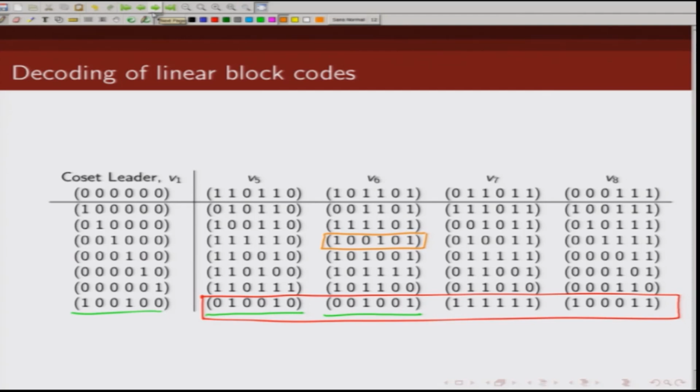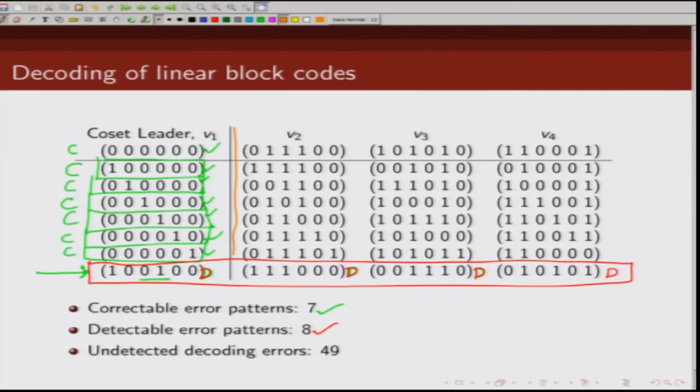So, whenever these error patterns happen, I am not able to detect any of them, because I have already taken the decision in favor of these coset leaders, because it is less likely to get this error pattern than this.